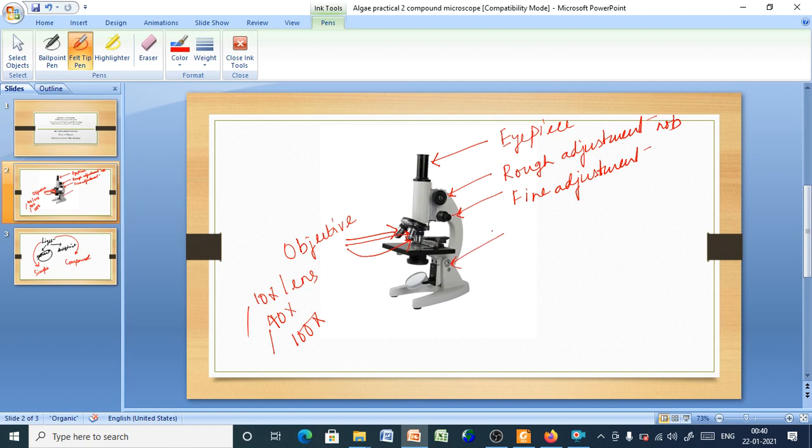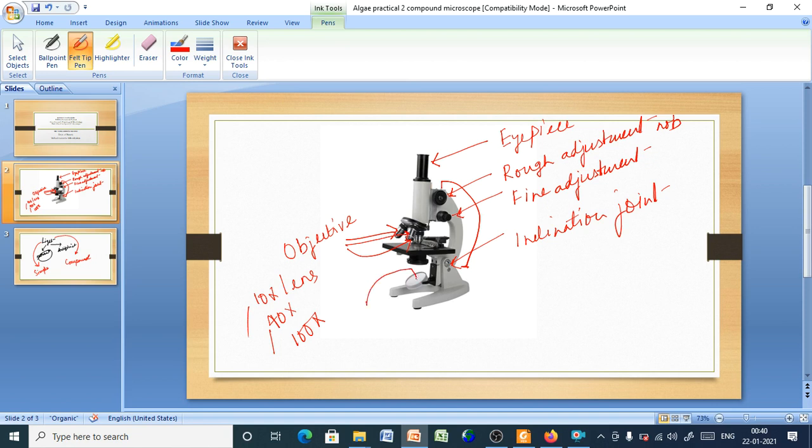So this is the inclination joint. By holding this portion, we can simply tilt the whole microscope up and down.